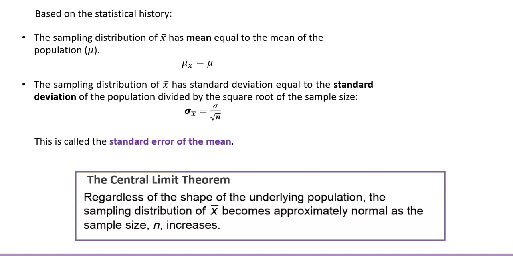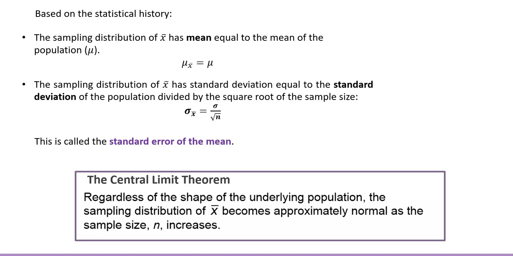Basically, this is what the theorem says: regardless of the shape of the underlying population, the sampling distribution of x bar, those sample means, right? When we create a list of sample means, the distribution of sample means becomes approximately normal as the sample size n increases. So the larger the sample size we choose, the closer the distribution of sample means will become to the normal distribution.